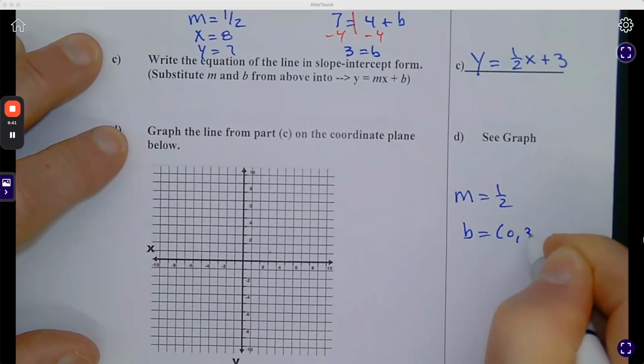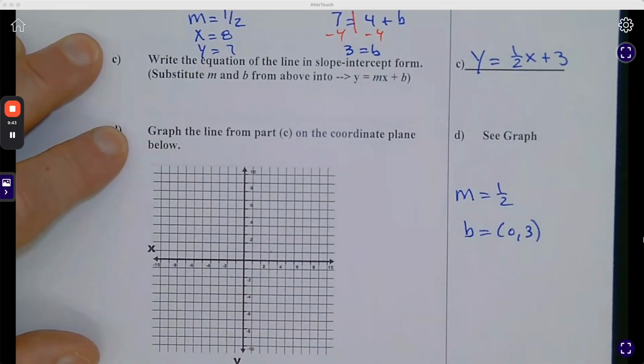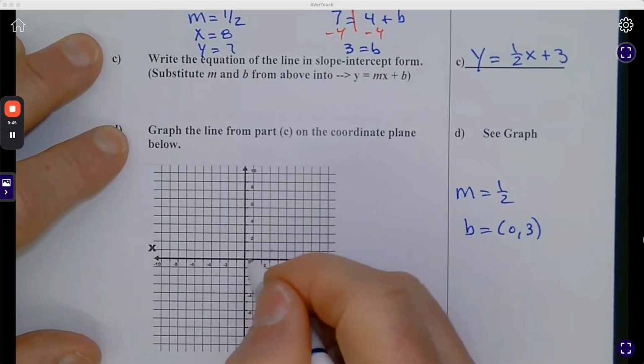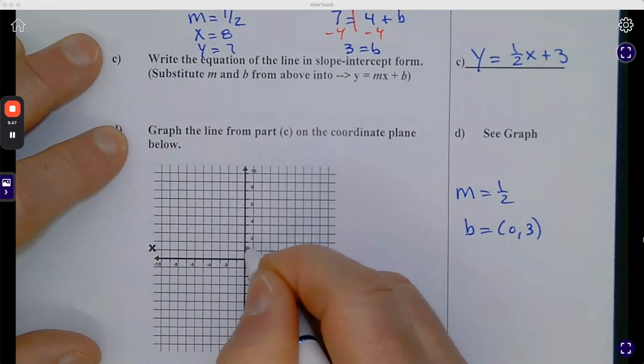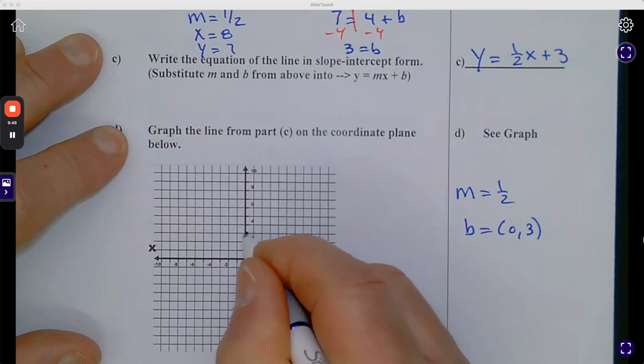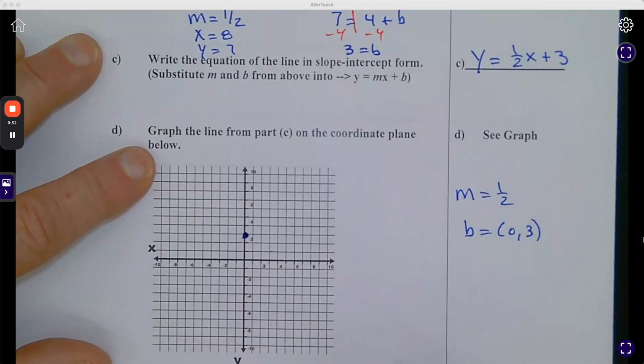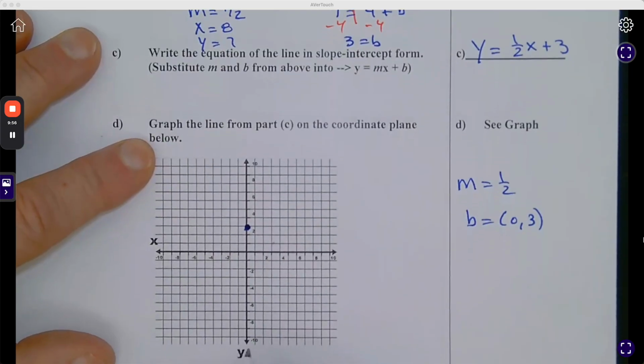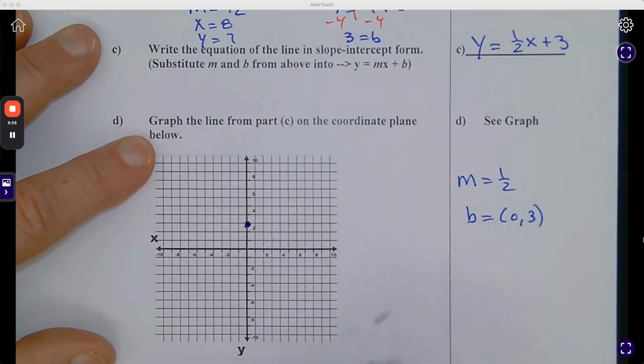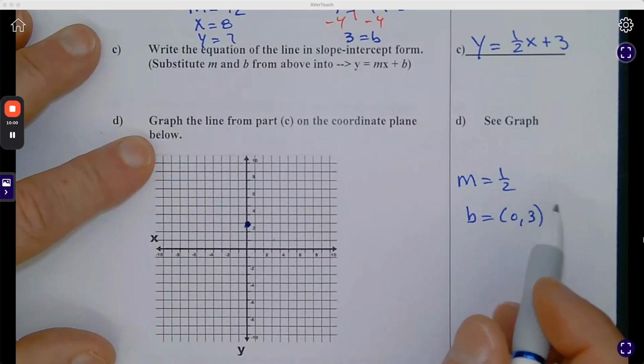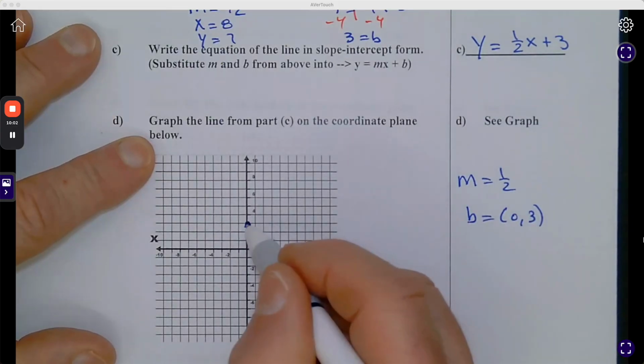My y-intercept is an ordered pair, 0, 3. So let's do it. I'm x 0, y 3, a 1, a 2, a 3. All right? Notice my y-intercept always lands on the y-axis. Always, always, always. My slope from there gives me other solutions for that equation.